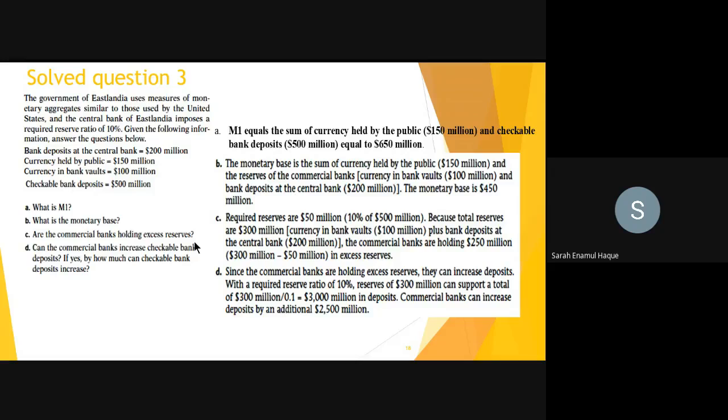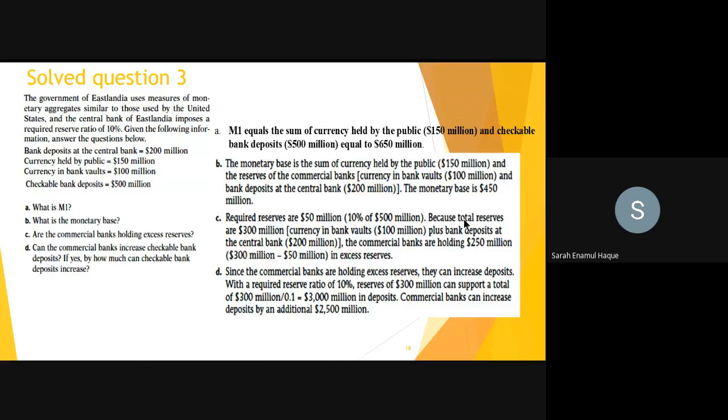So now the question is, are the banks holding excess reserves? Required reserves are 50 million. And how did you find it out? Remember that it is 10% of 500 million, because our 500 million is the total checkable bank deposit. So from here 10% is 50 million.